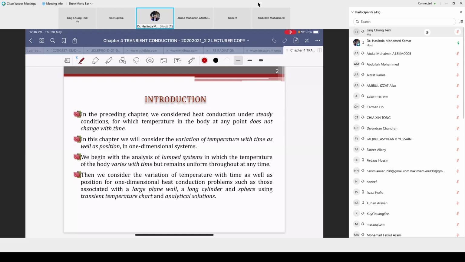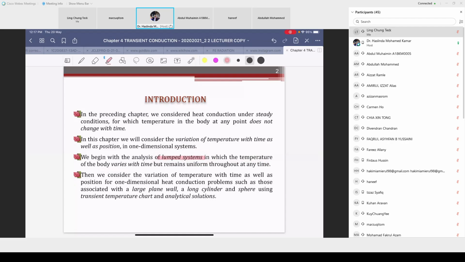One of the methods we call lumped system analysis. This is one of the methods used to do heat transfer analysis of transient heat conduction. This is the name of the method, lumped system analysis.